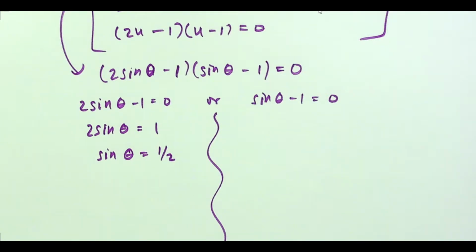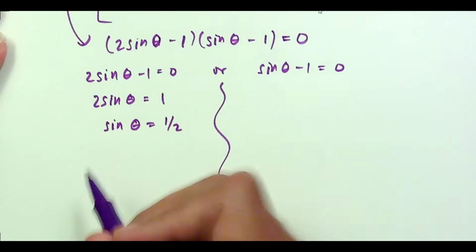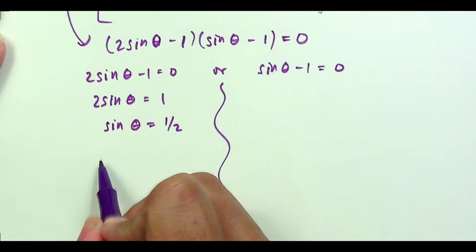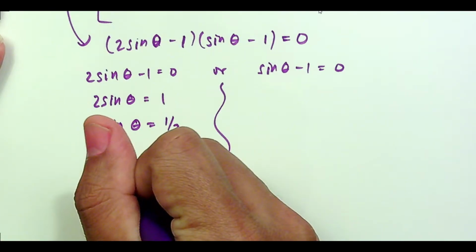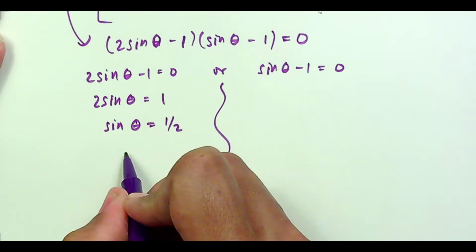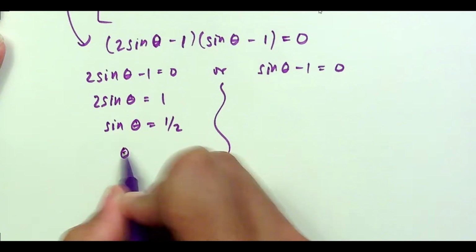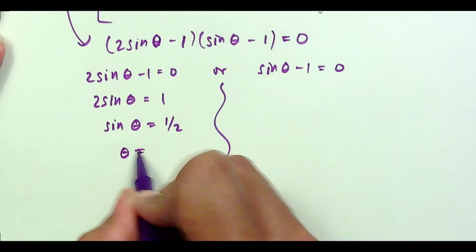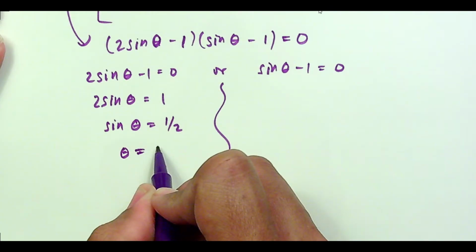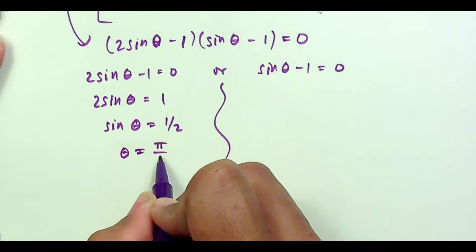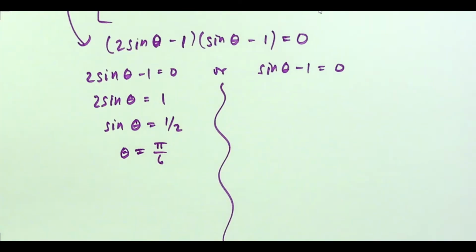And this one you're supposed to know by heart. And what is this? Well, from memory, I know that the angle whose sine equals 1/2 is pi over 6, or 30 degrees. We're going to give the answer in radians, so pi over 6.